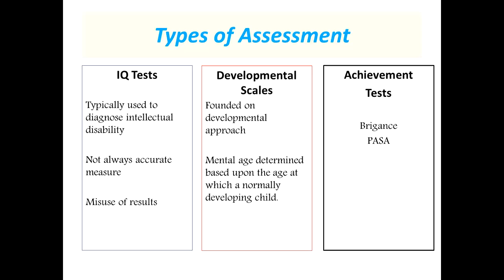Think of the movie Rain Man. If you haven't seen the movie Rain Man with Dustin Hoffman and Tom Cruise, you should go see that. An excellent story about a man who has autism who was gifted with numbers. So that doesn't tell us the whole story. His IQ may have shown us a below 70 range, but we know he has exceptionality in other areas.